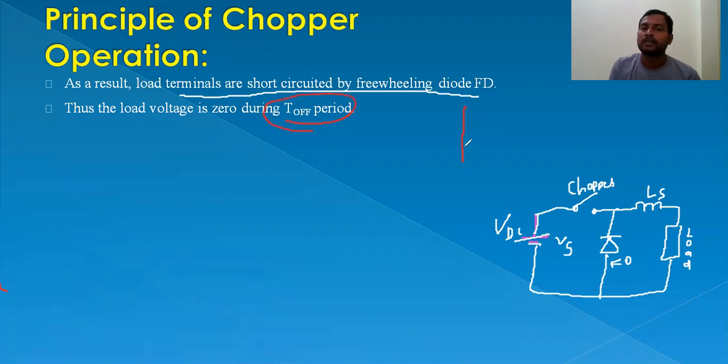For example, this is the supply voltage Vs, and this is the output voltage V output. This is the on time, T on, and this is T on, and this is the T off time. During the turn off period the load voltage is 0, he is saying.